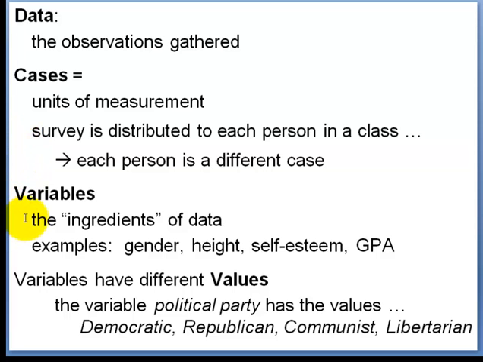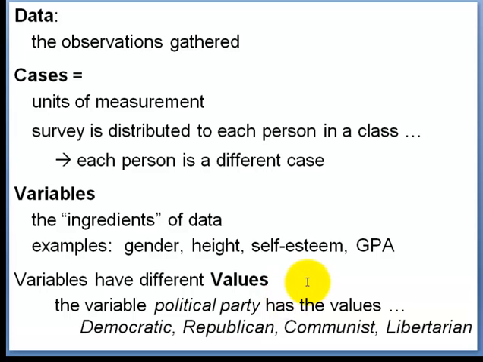I like to define variables as the ingredients of data. So some examples of variables in a data set might be, if it's a class survey perhaps, gender, height. You may be asking questions about self-esteem. GPA is another possible variable.